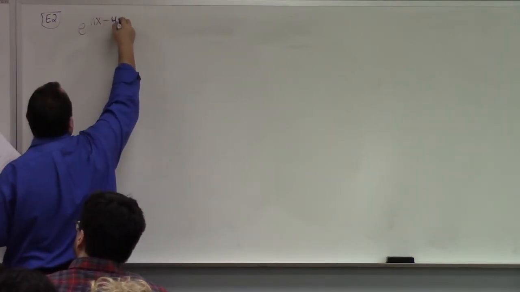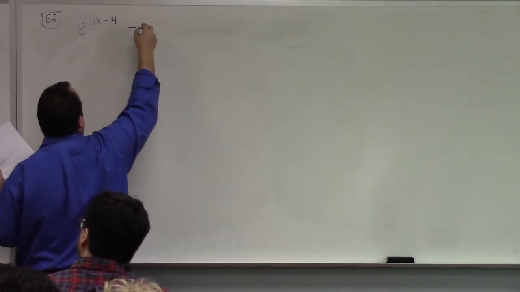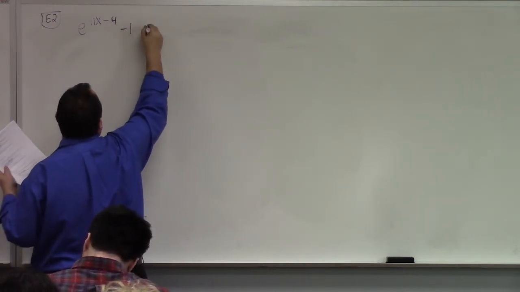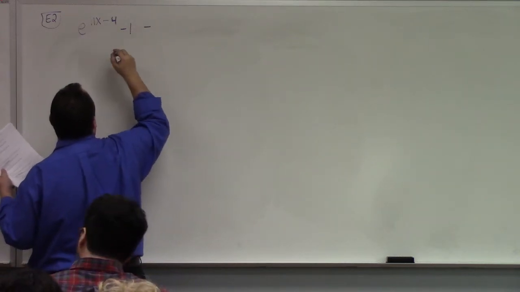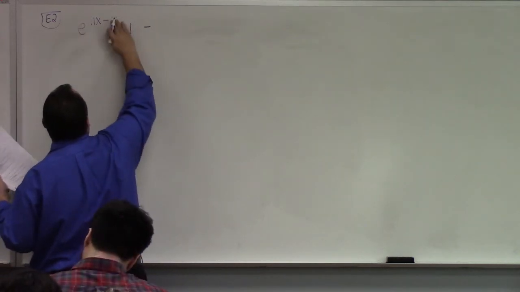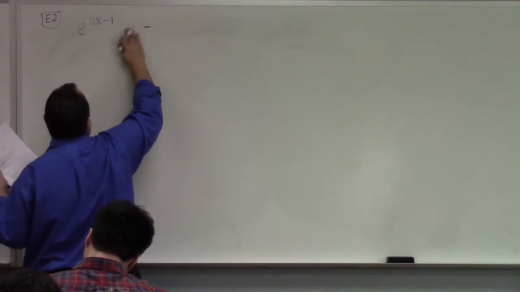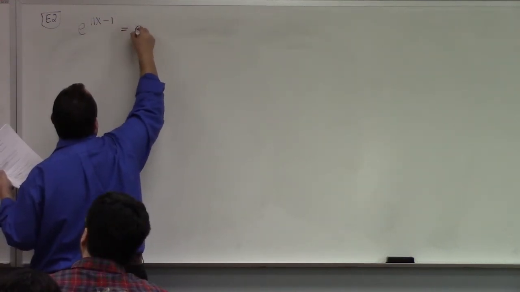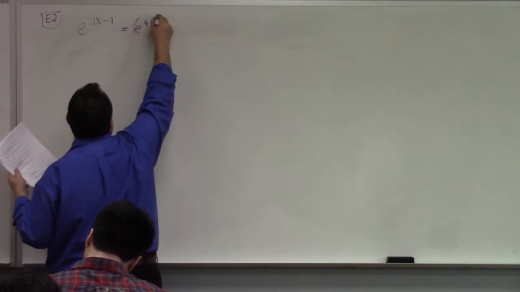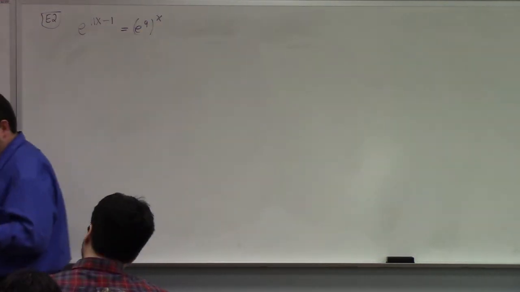You've got e to the 11x minus 4 equals what? Minus 1. Oh, minus 1. Not instead of 4, it's a 1. Oh, okay. And then what? It's e to the 9 in parentheses and then to the x. Sure, we can do that one.